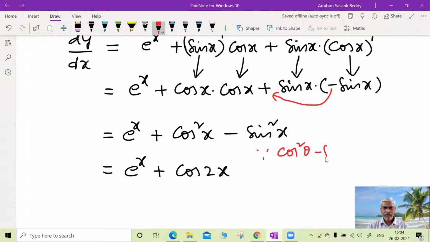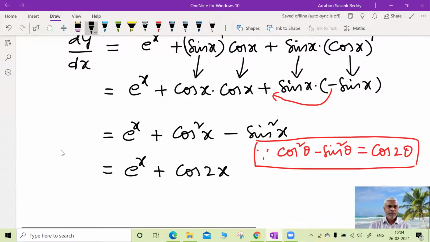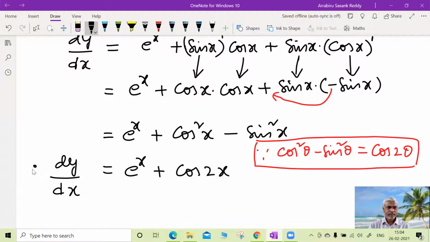Cos square theta minus sin square theta is equal to cos 2 theta. So this becomes dy by dx equals e power x plus cos 2x.